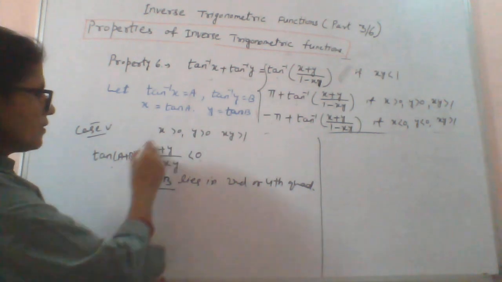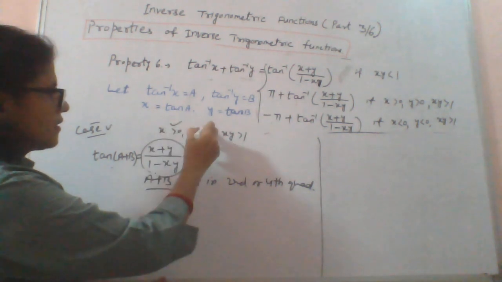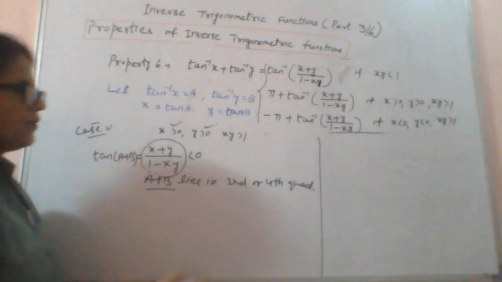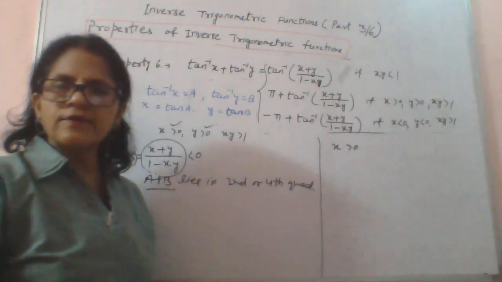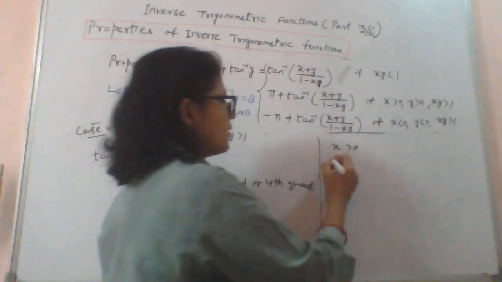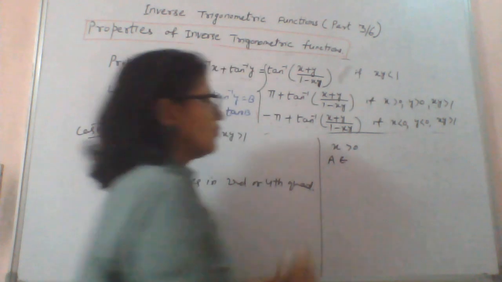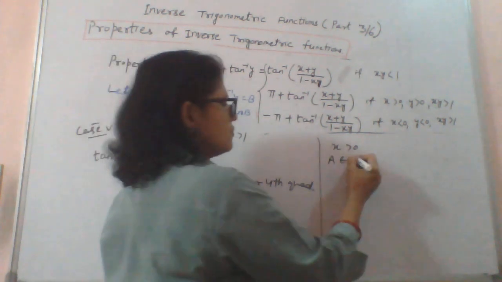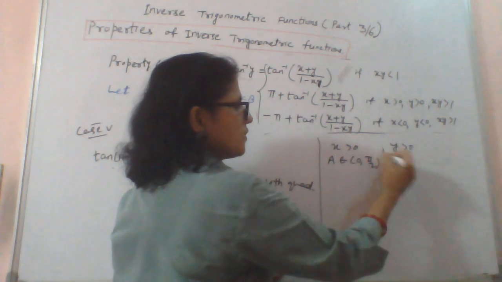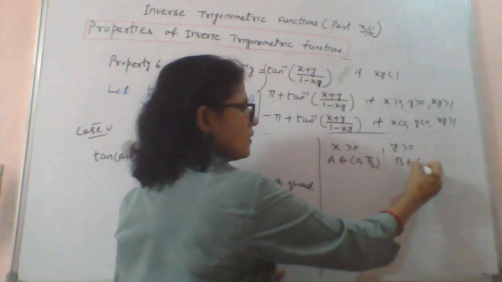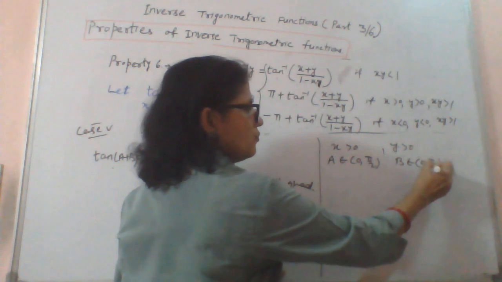So again here you see, coming to this and this, x greater than 0 means tan⁻¹x greater than 0, means a greater than 0. So a belongs to (0, π/2). y greater than 0, so b belongs to (0, π/2).